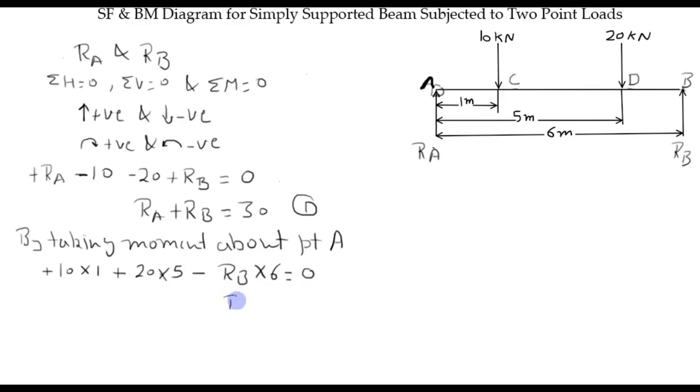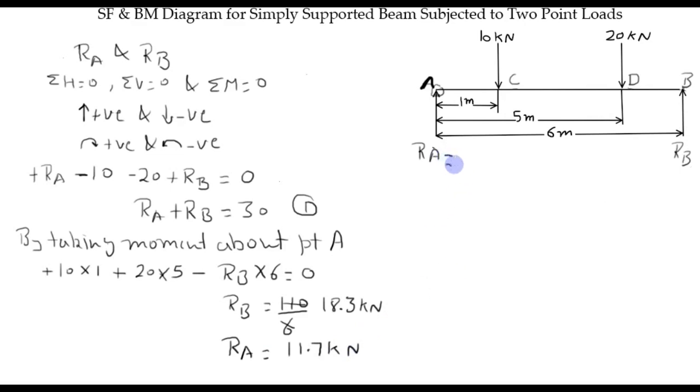So from this RB comes out as 110 by 6, it is 18.3 kN. By putting the value of RB in equation number 1, then RA comes out as 11.7 kN.